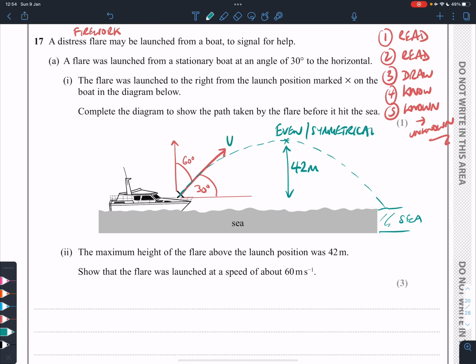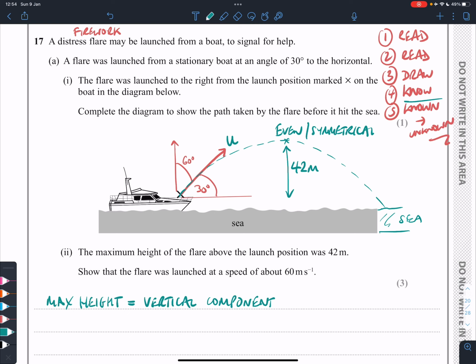So this launch speed, U, has got two components. Whenever we hear maximum height, we're always going to use the vertical component. And usually in projectiles, so this is when we're now going from the known to the unknown. So what's the process of solving a projectile?